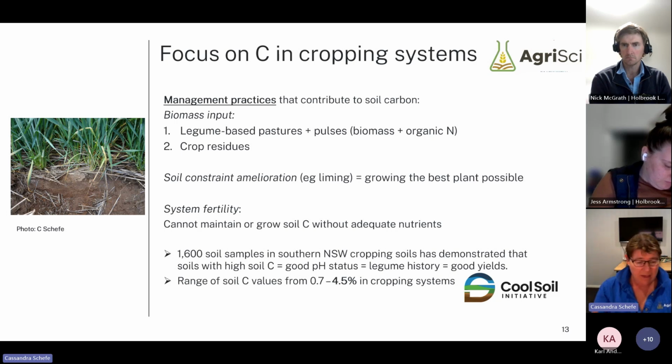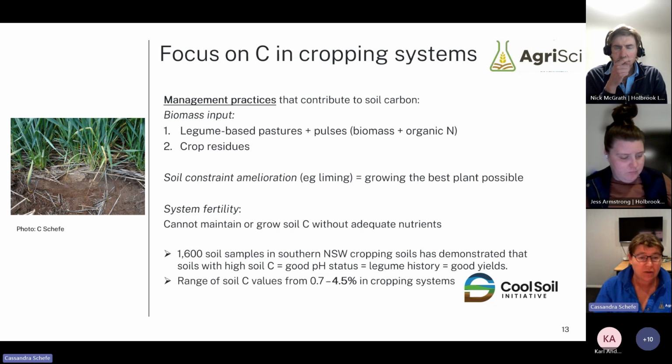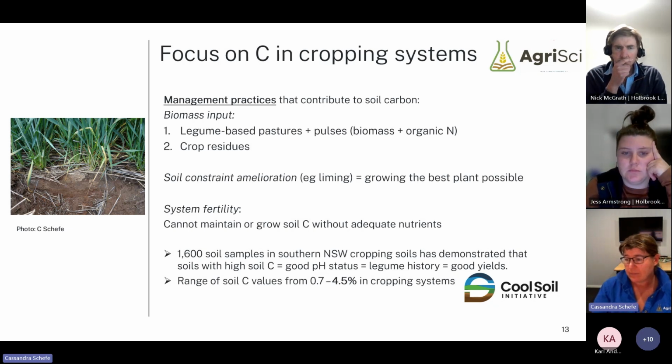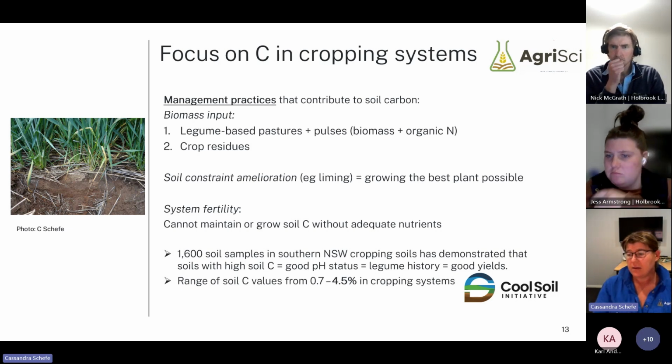We're doing everything we can to improve productivity and biomass. And we know that it's a cycling system. So we actually know, and I'll step through this in a little bit further to demonstrate, that we are doing a lot better with our residue inputs than what we actually think is going on. I've already mentioned soil constraint amelioration. So growing the best plant possible is key to improving the ability to hold organic matter and carbon.